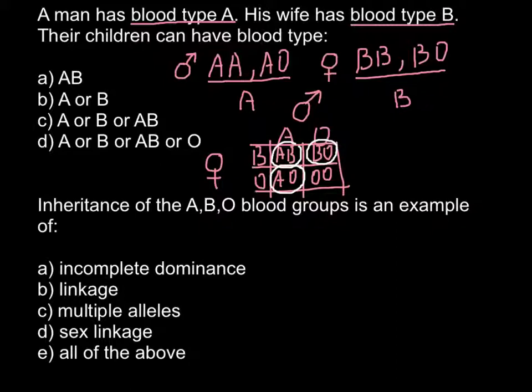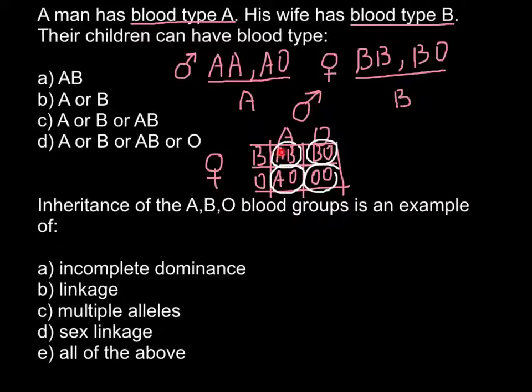So here we would have blood type A, A, O, because A is dominant over the allele O, and here we would have genotype OO that is equal to phenotype O. So as you see, capital B and capital A are co-dominant alleles, and when both these alleles are present, both of them are expressed.